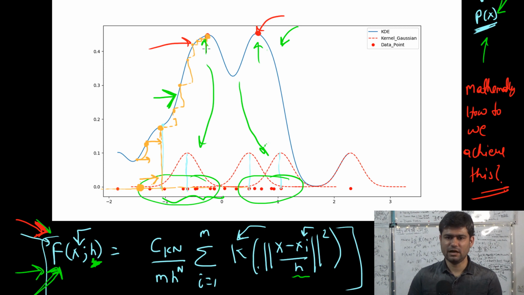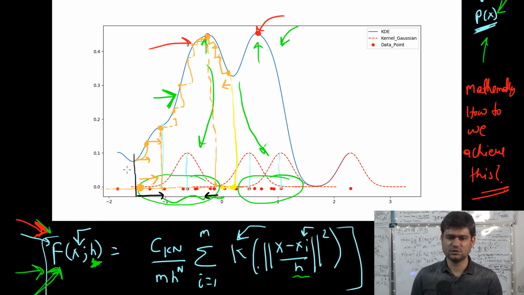we can arrive at the mode over here. At this point, if we compute the gradient, it will point in this direction. So naturally, if we start from this point, then it will move in this direction. If we start with any point in this region, it will point in this direction, and for any point over here, it will point in this direction.